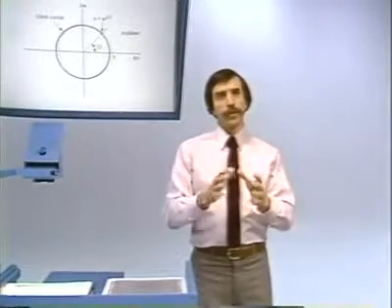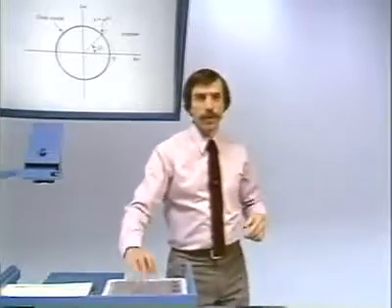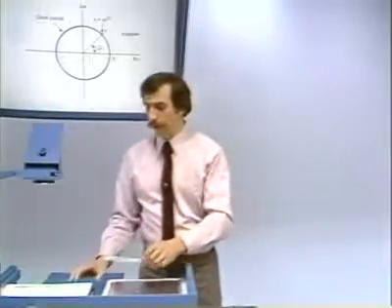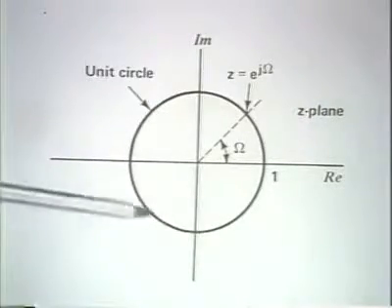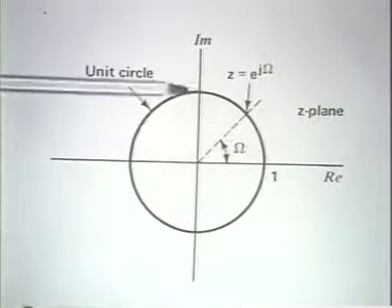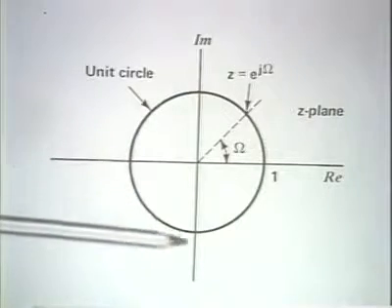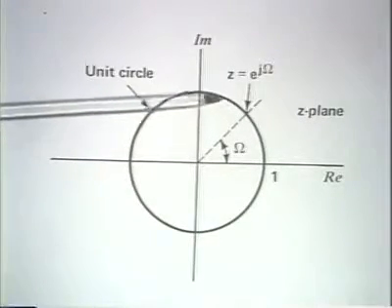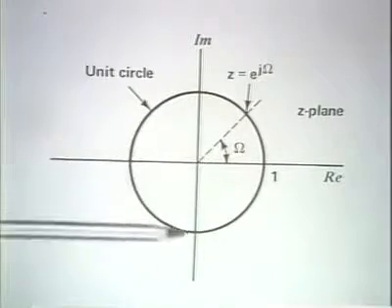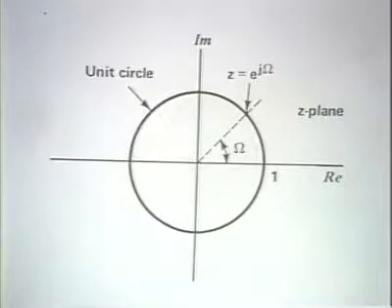The magnitude of z equal to 1 in the complex plane is a circle, and that circle, in fact, is a circle of radius 1. And so it's on this contour in the z-plane that the z transform reduces to the Fourier transform. And we'll see some additional significance of that as we go along.